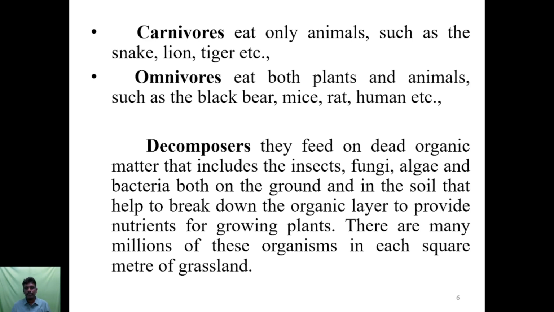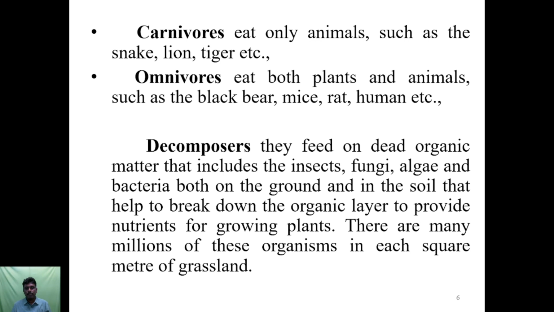Next, decomposers. Other than these three types, we have another type, decomposers. These decomposers feed on dead organic matter, and include insects, fungi, algae and bacteria, both on the ground and in the soil, that help to break down the organic layer to provide nutrients for growing plants.